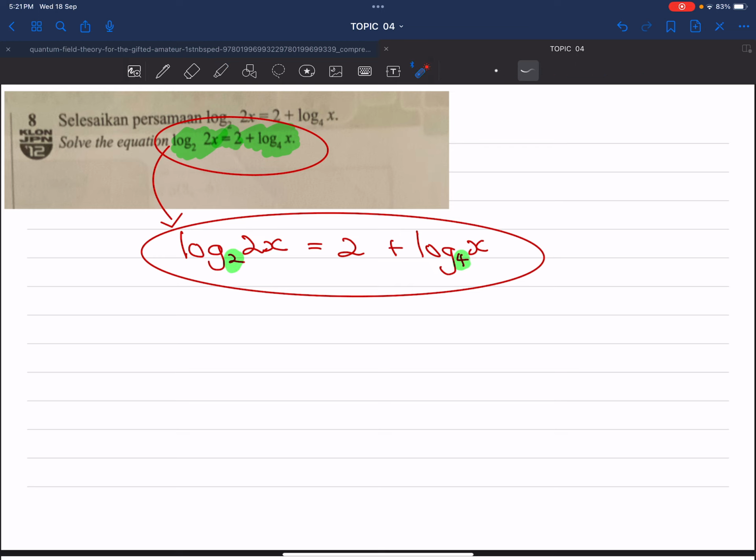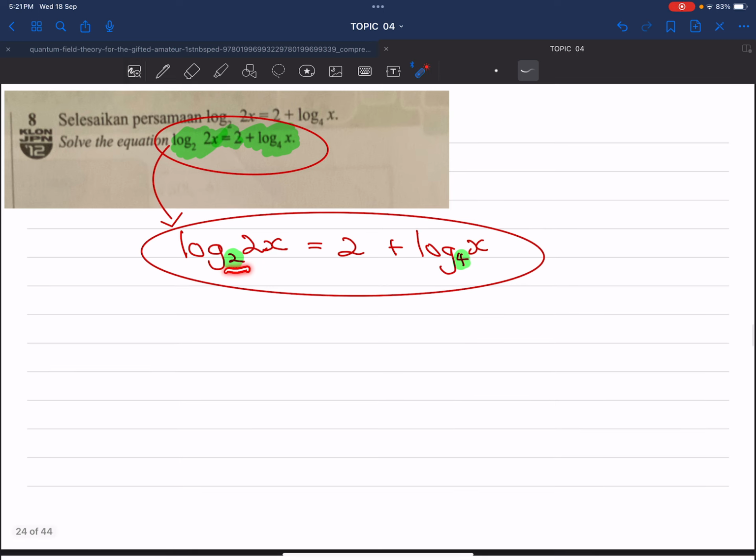Here we have base 2 and base 4. If the base is different, we make it the same. So either base 4 change to base 2 or base 2 change to base 4. It is easier to take the bigger base and change it to the smaller base.